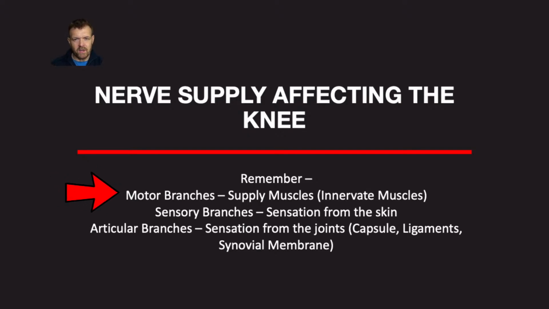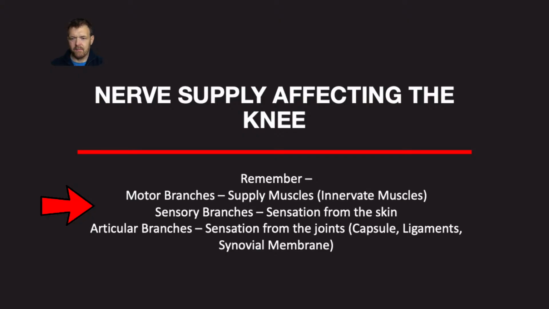So we had motor branches supplying the muscles, sensory branches, sensation from the skin, and those are cutaneous nerves, and then articular branches, which is sensation from the joints. So the capsule, ligaments, synovial membrane around that kind of region. So we've got different names of different nerves depending on what they do.